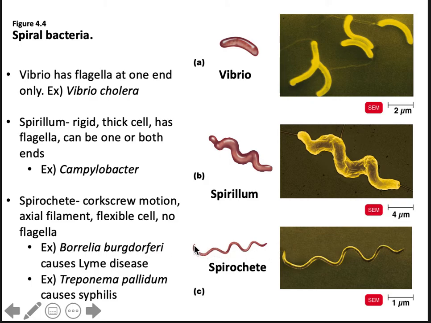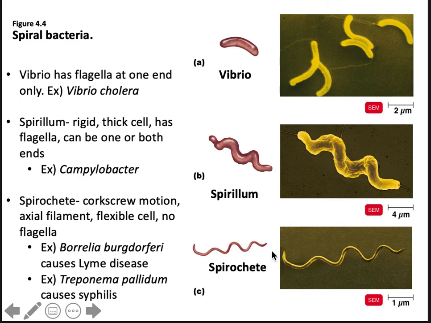Instead, you can think of it as having a flagellum that wraps all the way around. When it wraps all the way around, it's no longer called a flagellum, rather it's called an axial filament. And I'm going to show you a little bit more about that in a moment. But for now, just take my word for it.